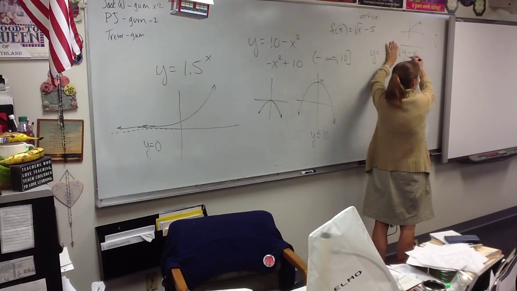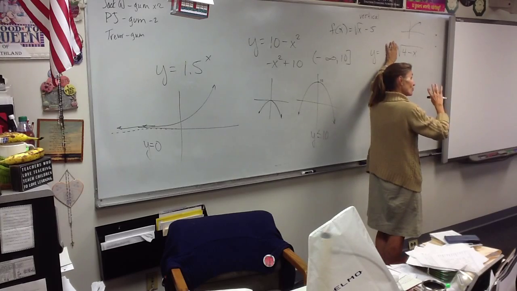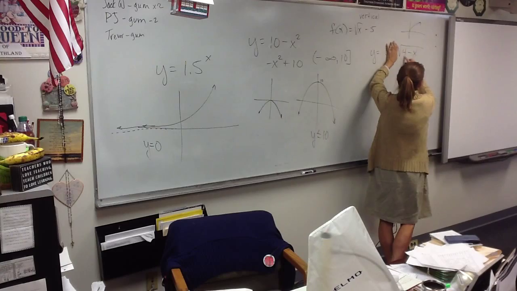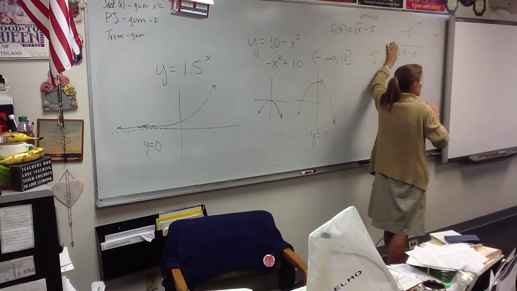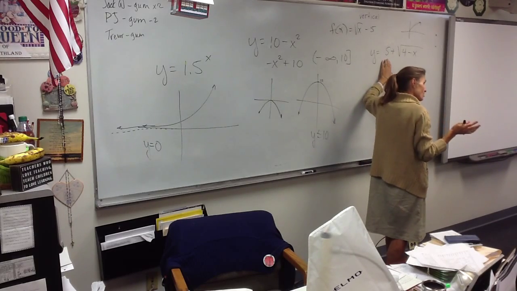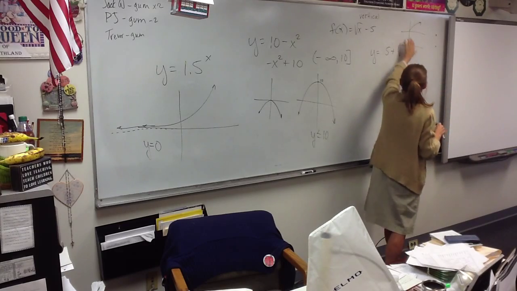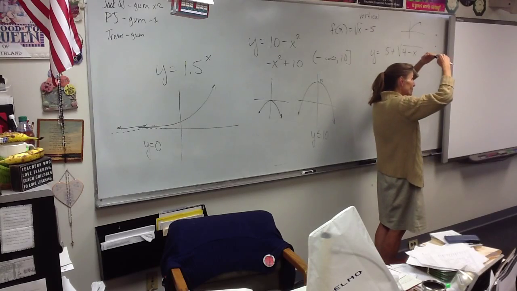Now, this part of it has been turned around and shifted 4 units, but that's right there with the x, so all that's sideways, right? Not up and down. The only up and down part is plus 5, tacked on the end. So it's going to take your radical picture, your square root picture, and lift it up 5.